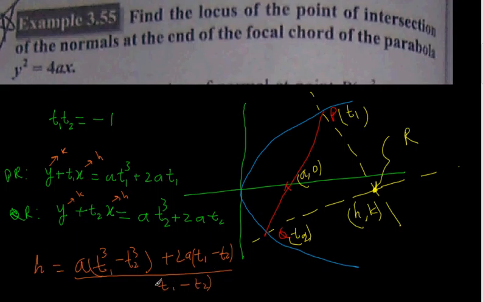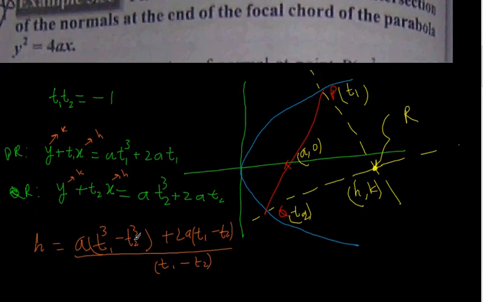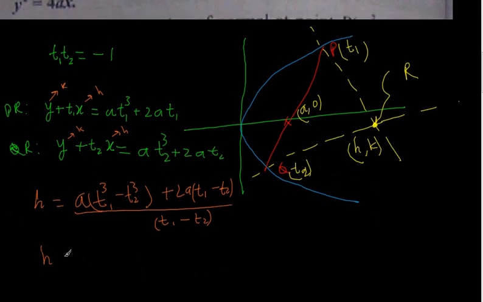Now you can take T1 minus T2 common, and the value of H would be very simple: a (T1 square plus T2 square plus T1 T2) plus 2a, since T1 minus T2 gets cancelled. That is H.